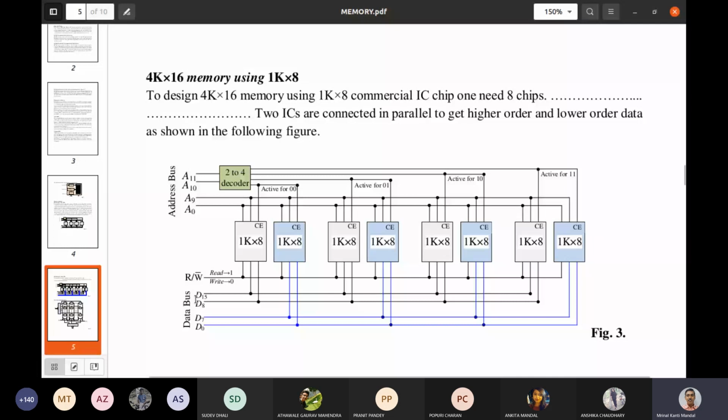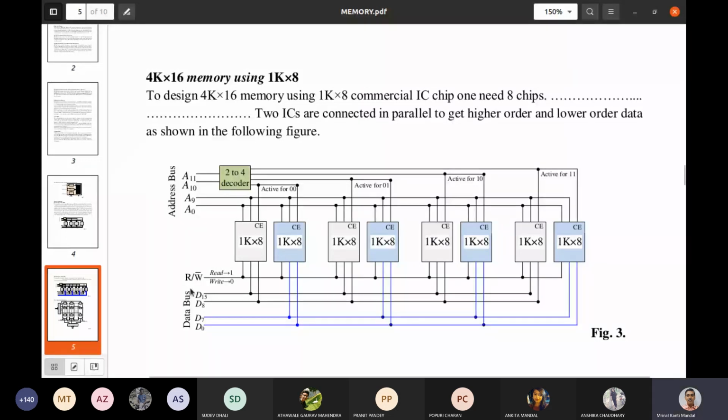So when we write the data in these ICs, we will put higher order data in this IC and lower order data in this IC, because these two are connected in parallel. So 8-bit, then the next 8-bit. In this way, we have considered the data. Right? We have shared the data in two different ICs, so we can expand the data width.